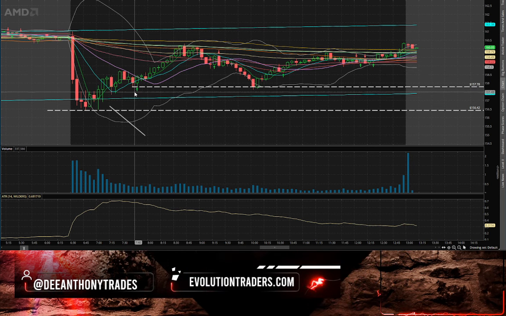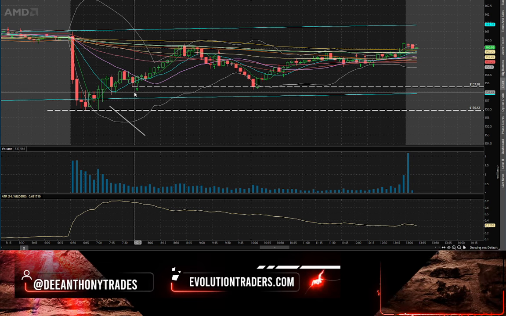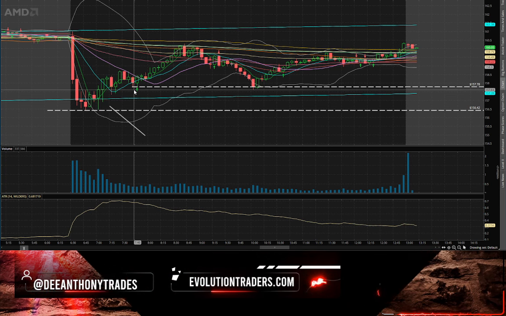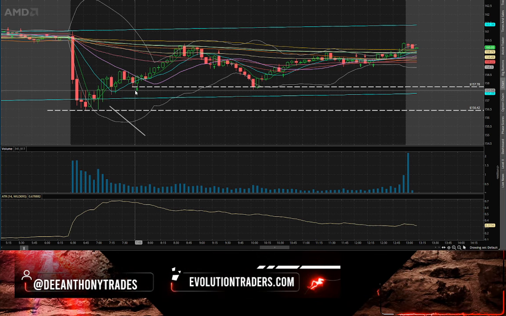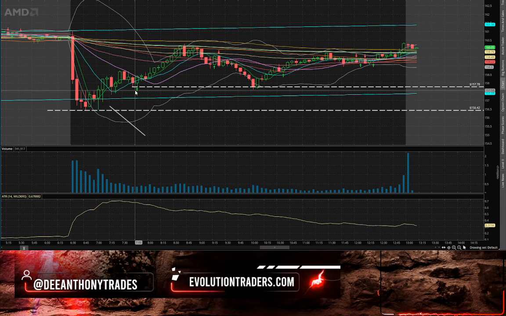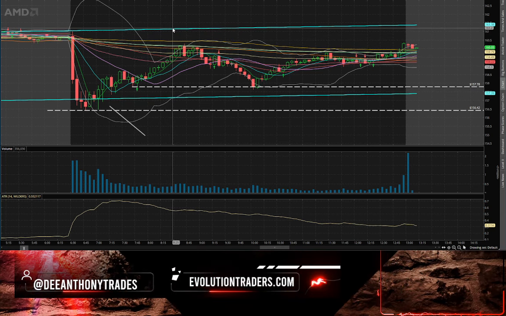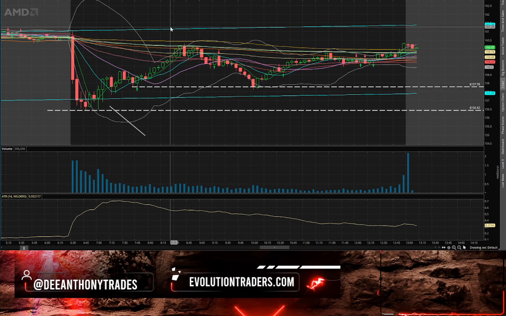From there, those remaining contracts are going to get left until break even, and then I'm looking to sell into the next significant area of supply. What would that area of significance be? The 50, the 200, or the linear regression. That's how I trade.